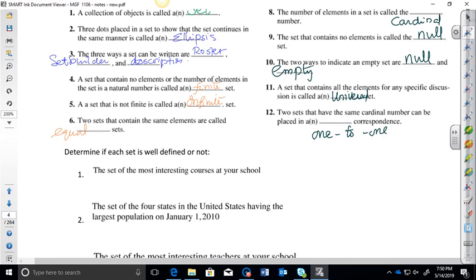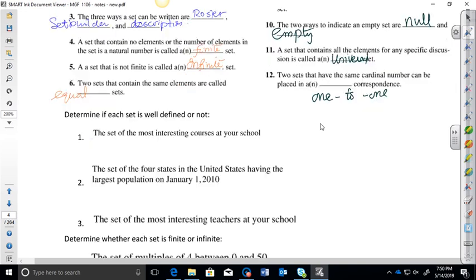Okay, determine if each set is well-defined or not. A set has to be a well-defined collection of objects. The set of most interesting courses at your school, that is not well-defined, right? Because it depends on who is taking the course. So you cannot say a specific answer.